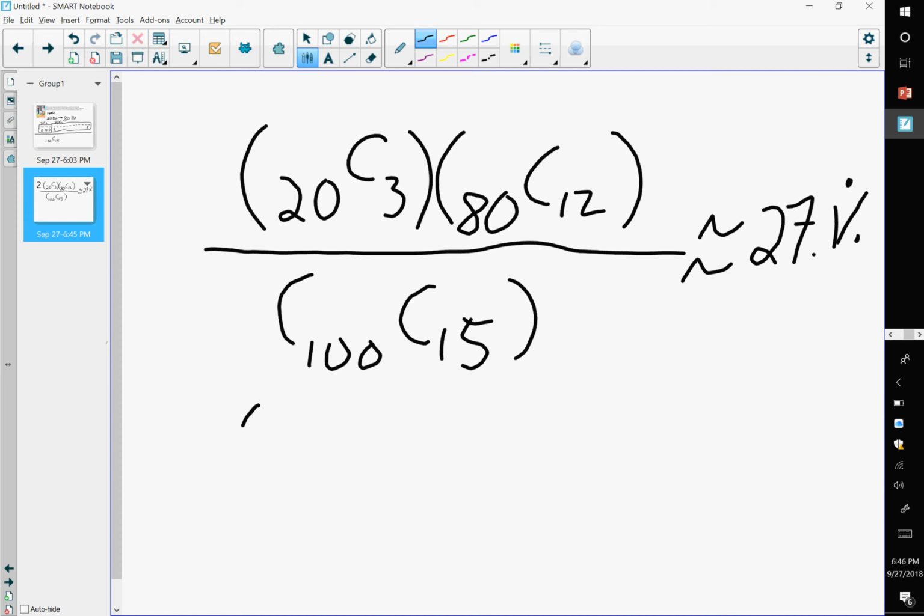So 20 choose 3 will end up being 20 factorial over 20 minus 3, which is 17 factorial, multiplied by 3 factorial.